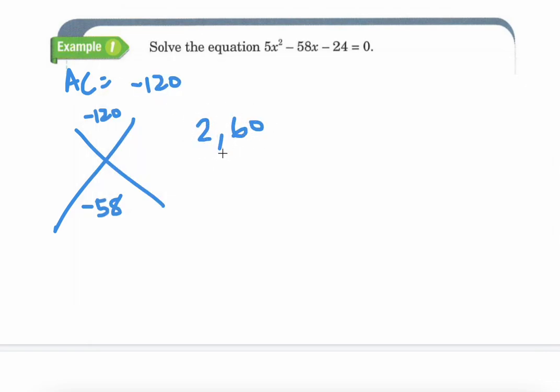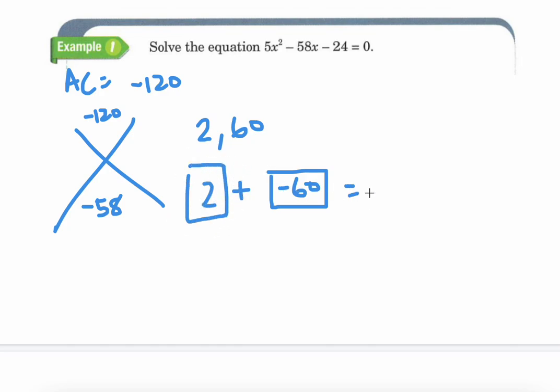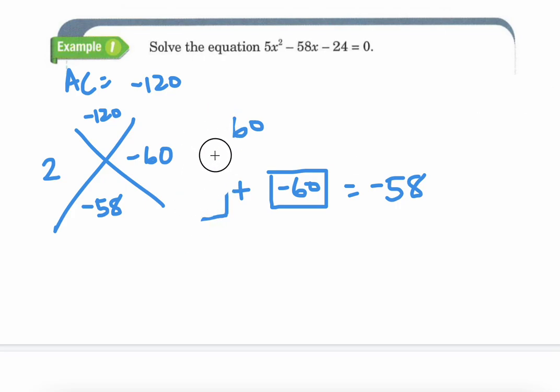Okay, so 2 and -60 can be added together to get -58, and then they can multiply to get -120. But one of them has to be negative, right? Okay. So let's go ahead and use 2 and -60.